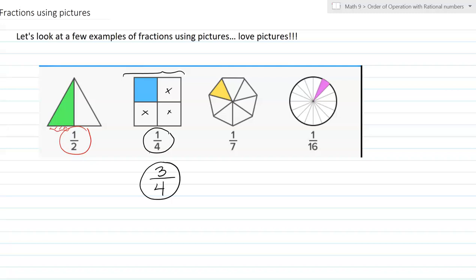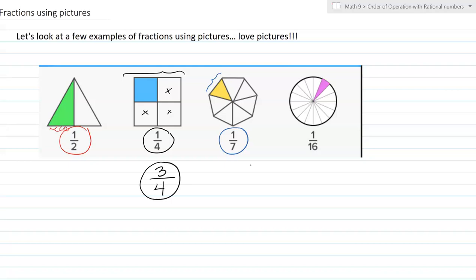All right, look at the next one. Now the next one is a heptagon, a 7-sided polygon. Heptagon, that's what it's called, and one of them is shaded yellow. So that represents 1/7 of the total heptagon that is shaded. Now, by the way, what is the fraction that represents the non-shaded region of this heptagon?